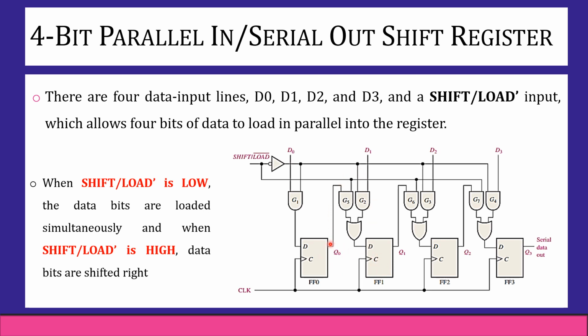By making use of another AND gate, we are transferring from Q0 to D. So this Q0 and this shift line is connected to the G5. Either of these will be connected to the D input line. So making use of two AND gates and an OR gate, we can perform this parallel in serial out operation.